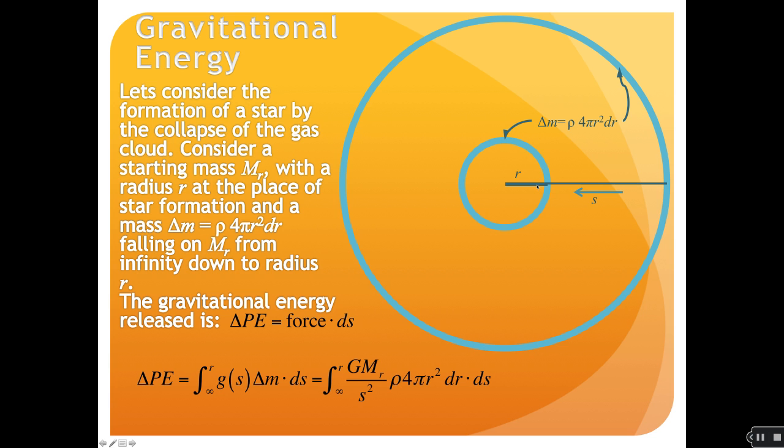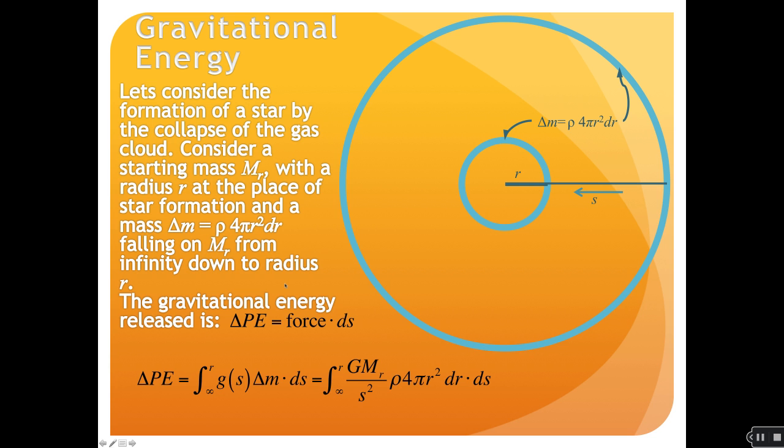So we've got a starting mass m of r. So the mass within this radius r is m of r. This is this m of r over here. And we're going to have this shell of material fall down onto it. And this shell of material is falling from some distance s down to r. Okay? And the mass in here is, like I said, given by delta m is the density times the volume.